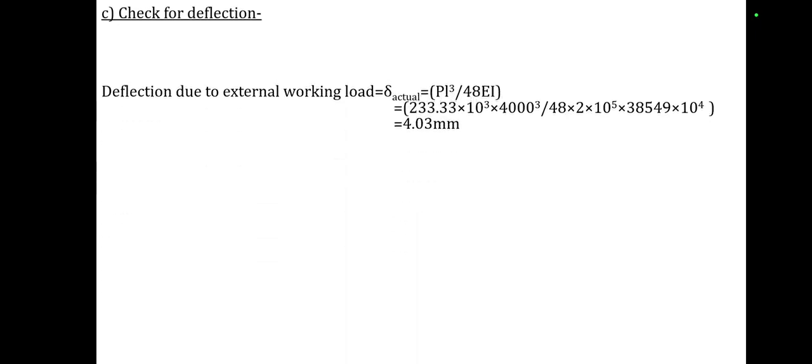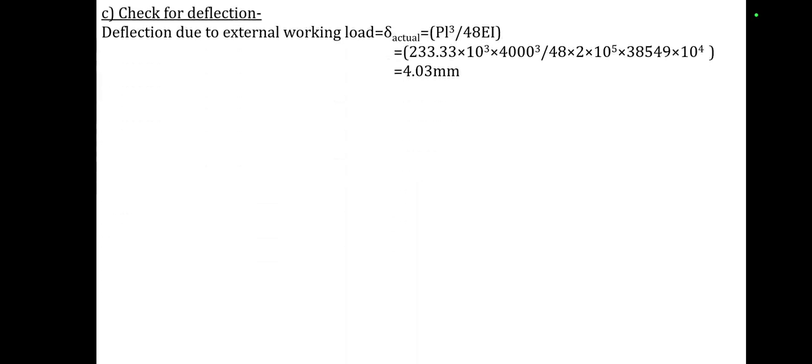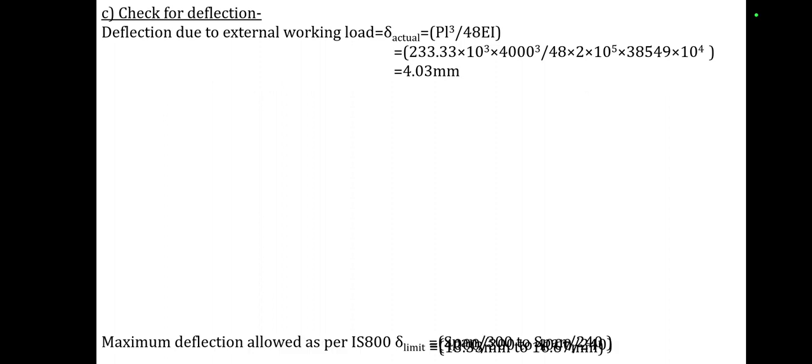Then the last check, that is the check for deflection. As the beam is loaded by a central point load, the deflection due to external working load, delta actual, is equal to PL cube upon 48 EI. Substituting these values in the formula, we get a deflection of 4.03 mm.